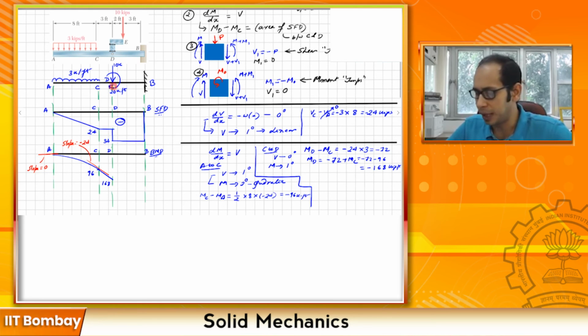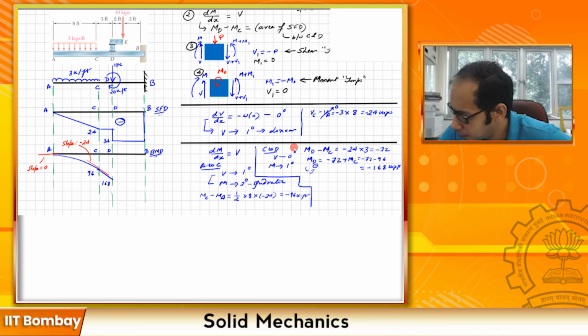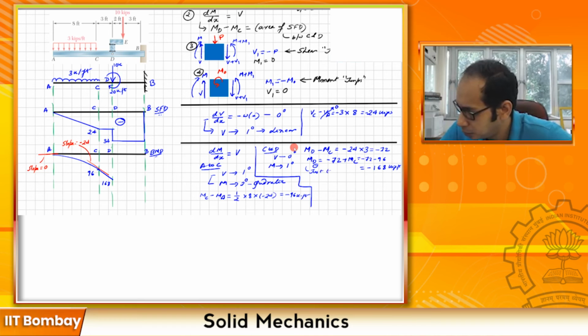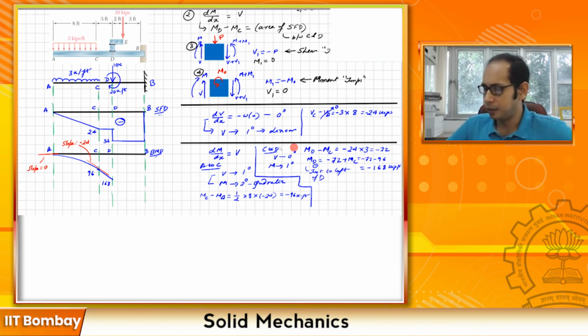But here the applied moment is clockwise, here it was anti-clockwise. So at this point D, just to the right, maybe it's a better idea to write MD as MD minus, because this is just to the left of D. So let's mark it just to the left of D, before the concentrated moment is applied, and just to the right of D, that is after you have made this concentrated moment.